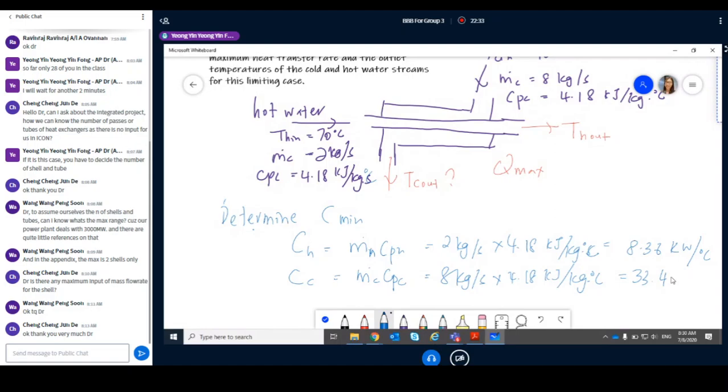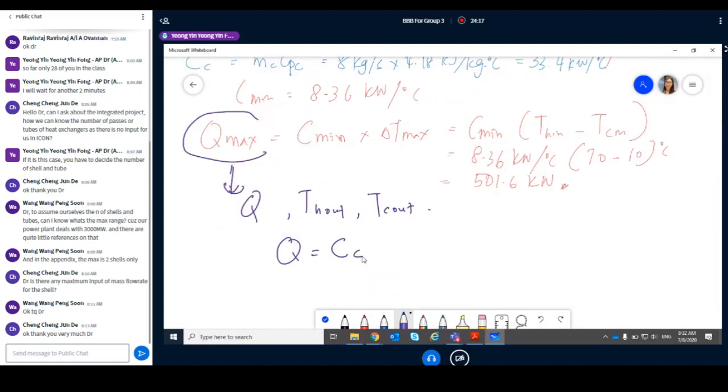Okay, so Q equals CC times TC out minus TC in. Then you can rearrange the equation to get TC out.